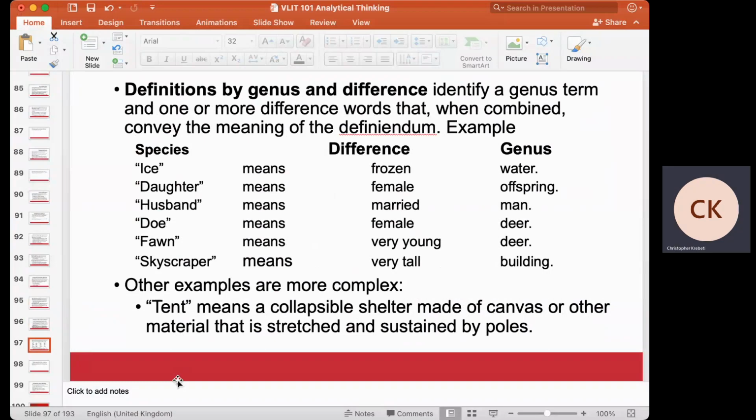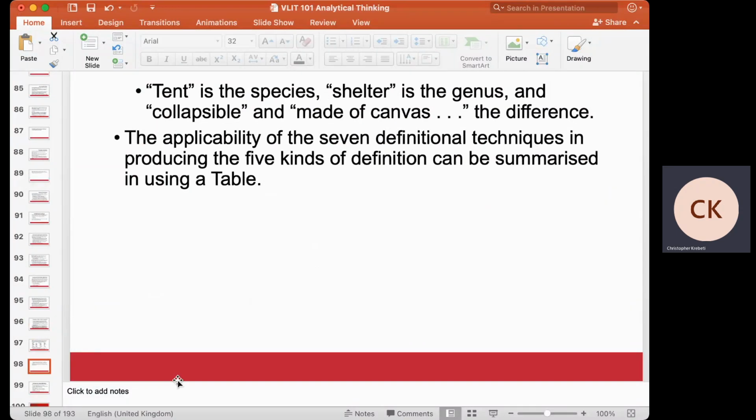So there are other examples that can be more complex. For example, tent, which means a collapsible shelter made of canvas or other material that is stretched and sustained by poles. So tent is the species, shelter is the genus, and collapsible and made of canvas are the difference.